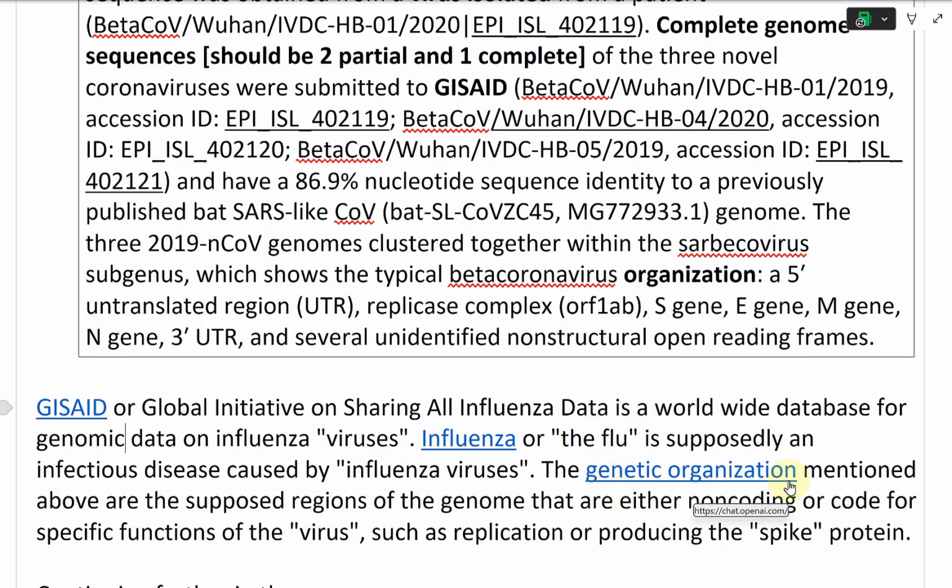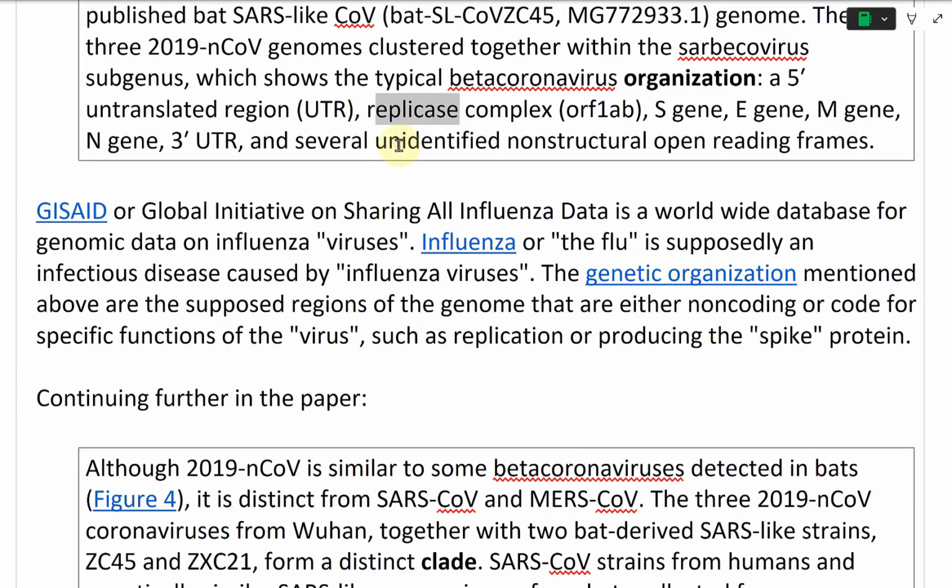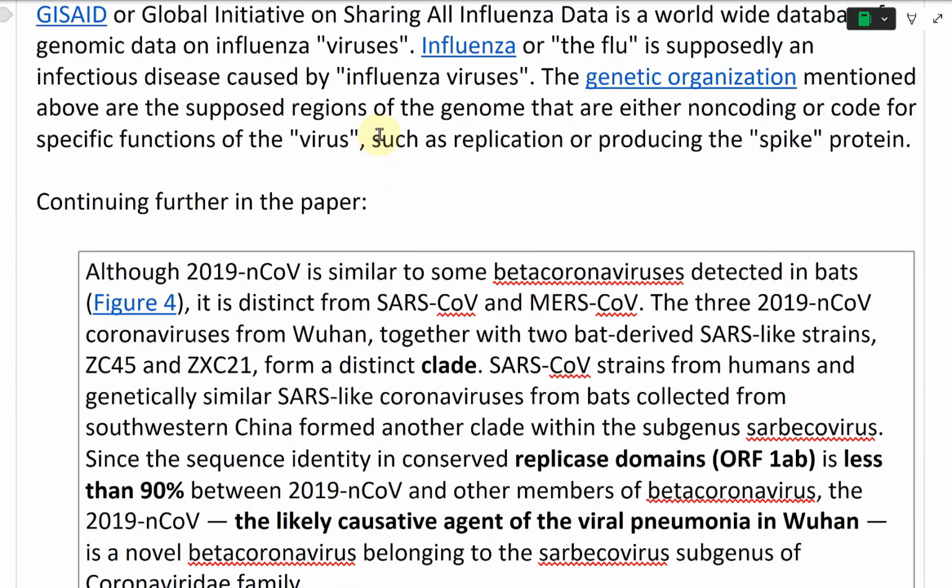And the genetic organization mentioned above are the supposed regions of the genome that are either non-coding or code for specific functions of the virus, such as replication or producing the spike protein. So this replicase, that's for replication, and that's producing that enzyme, and so on. All right, so now continuing further in the sequencing part.